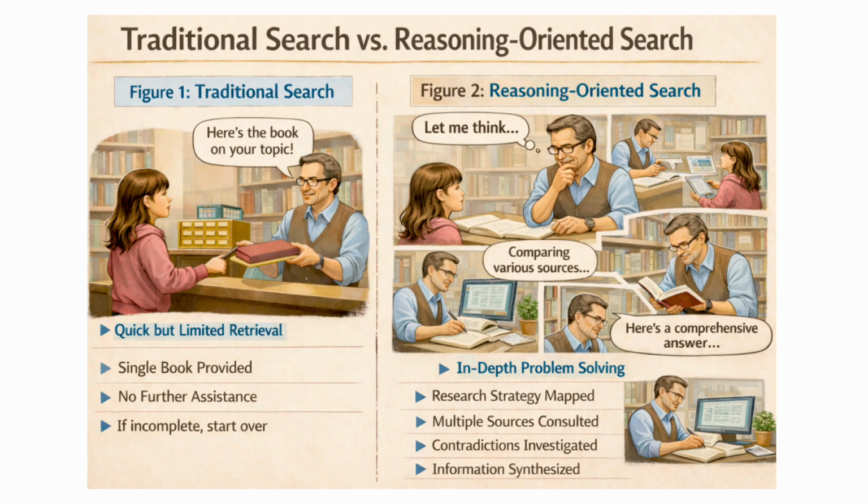So, in this lecture, we are going to be focusing specifically on the second style of reasoning oriented search, where when you ask a complex question which does not have a straightforward answer, the librarian, or specifically our RAG system, obtains that answer via this complex multi-step reasoning search operation.